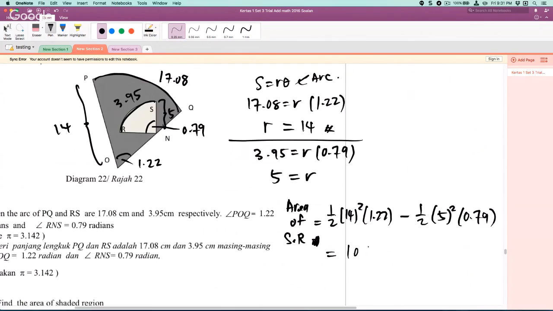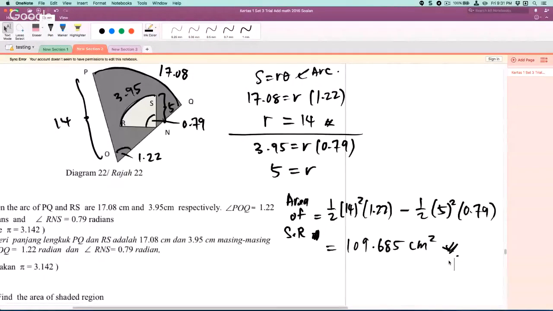You'll get the shaded area as 109.685 centimeters squared. So it should be very easy.